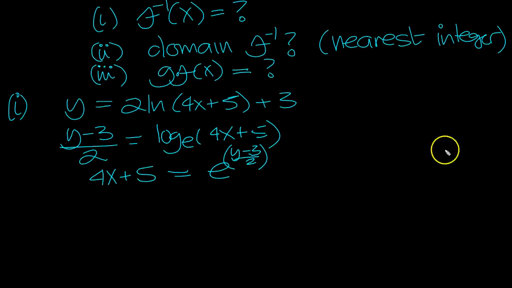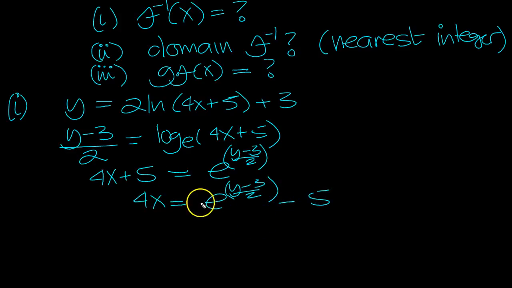And then we get 4x is equal to e to the (y minus 3 over 2) minus 5. And then I'm going to move the 4 down to divide on the other side, so I'll put it all over 4.